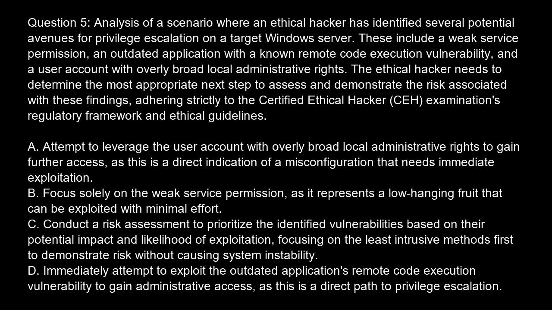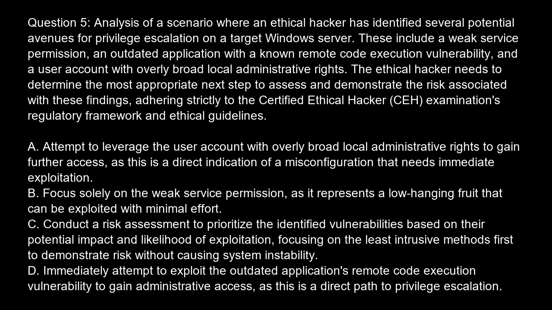Option A. Attempt to leverage the user account with overly broad local administrative rights to gain further access, as this is a direct indication of a misconfiguration that needs immediate exploitation. Option B. Focus solely on the weak service permission, as it represents a low-hanging fruit that can be exploited with minimal effort.